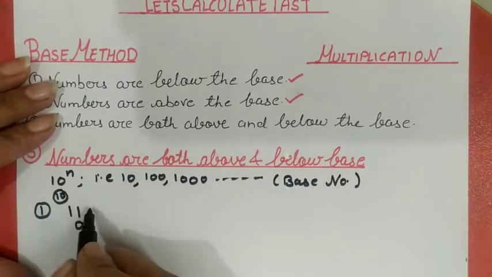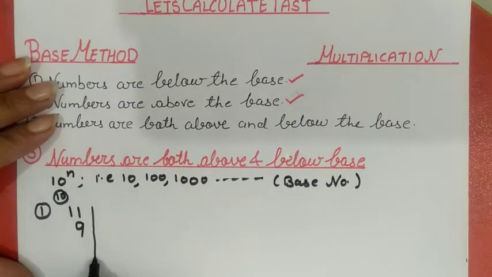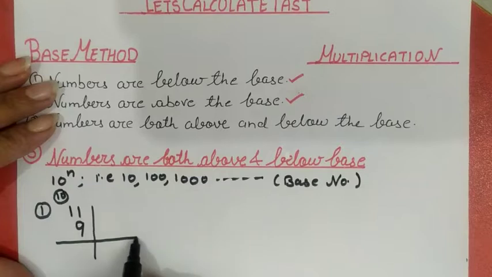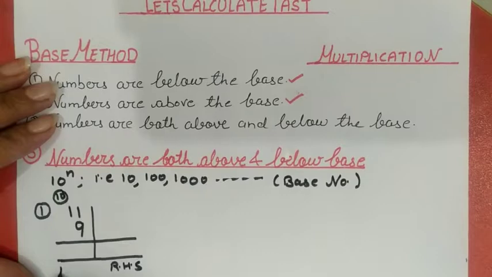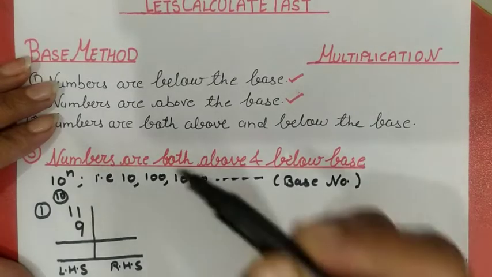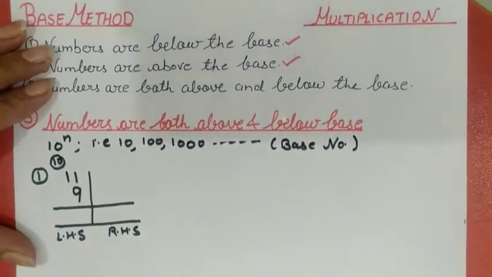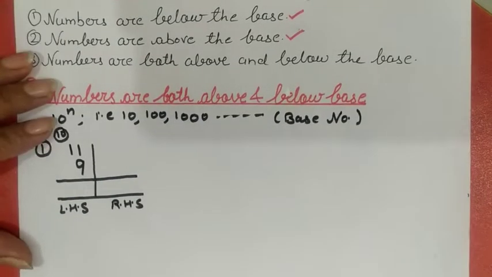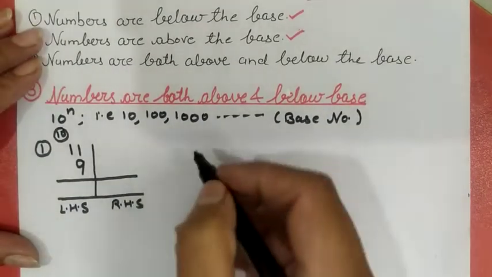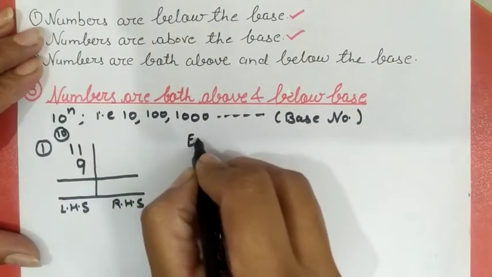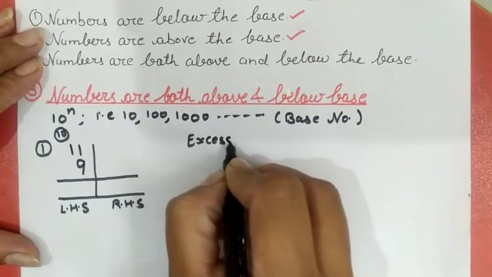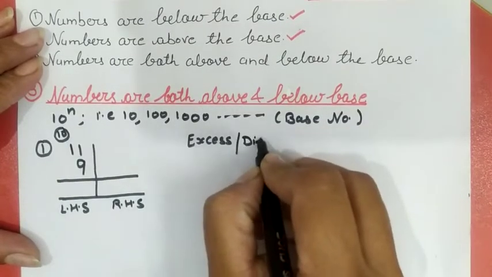Now while applying the base method, we know that we have to divide our question into two parts, the right hand side part and the left hand side part. On the left hand side, we will write the numbers we want to multiply, and on the right hand side, we will write the excess or difference.